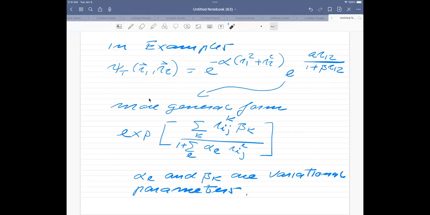So if you're using automatic differentiation and you look at the Python framework which we have, that includes the possibility to use automatic differentiation to calculate these derivatives. Because when you make this trial wave function more and more complicated, to calculate the derivative by hand is very error prone.